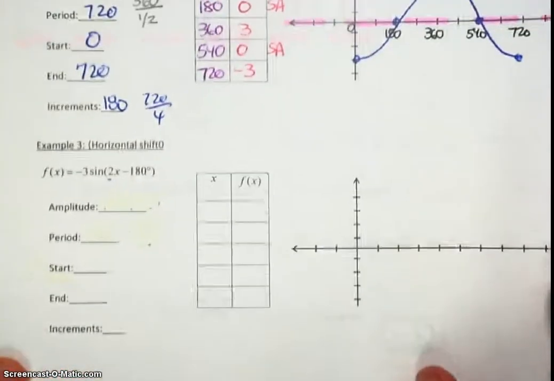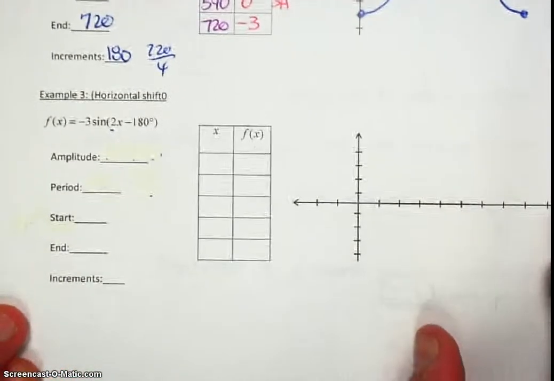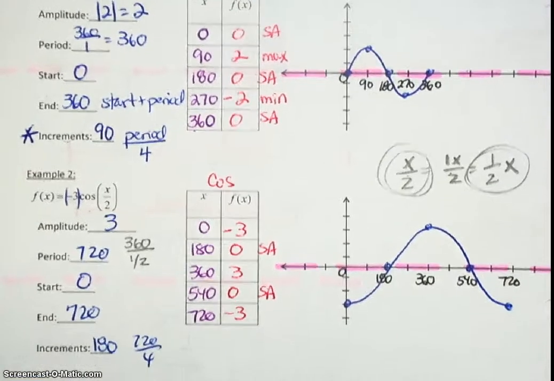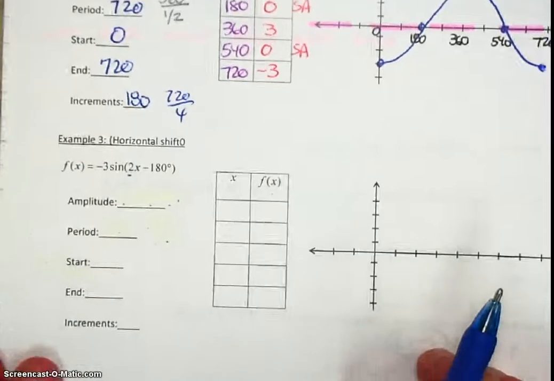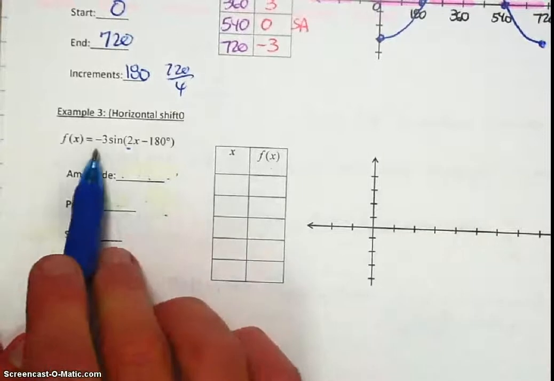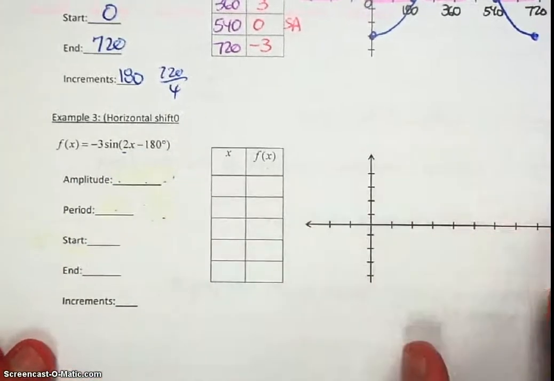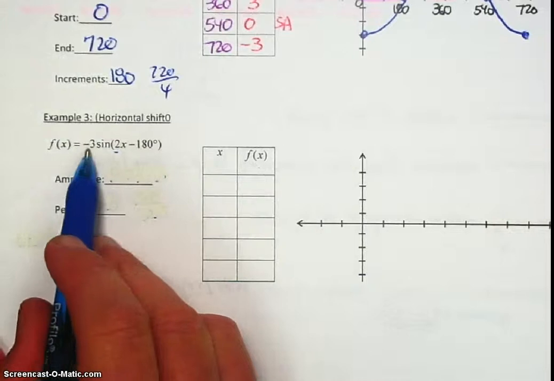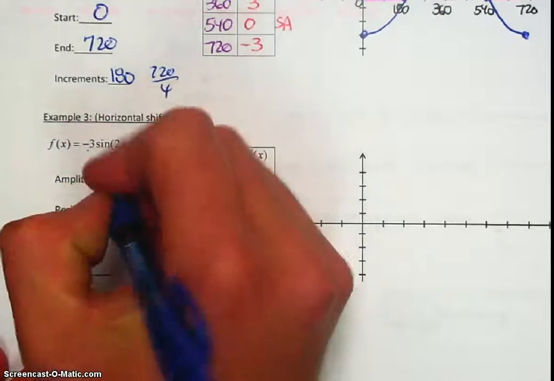So let's flip over to the back and take a look at example 3. We did examples 1 and 2 yesterday in class, and then you practiced some of those. So we've got -3 sine of 2x minus 180. To find the amplitude, we do the same thing. We take the absolute value of a.